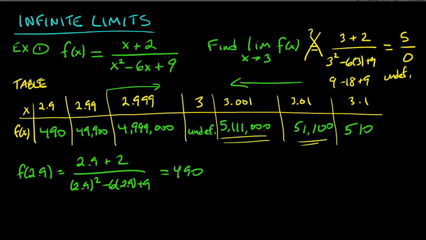You could say, well, 5 million, but that's only because we only did 3.001. Trust me, if you plug in 3.0001, you're nowhere near 5 million anymore. I think you're at 511,110,000.